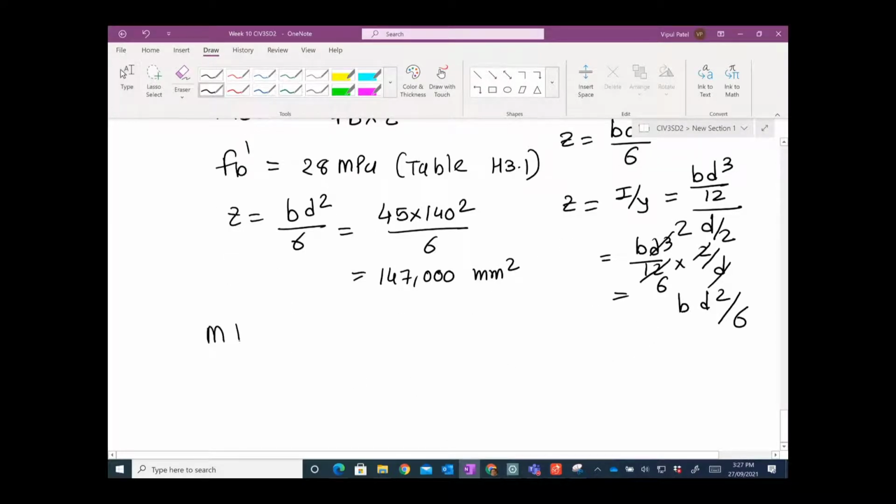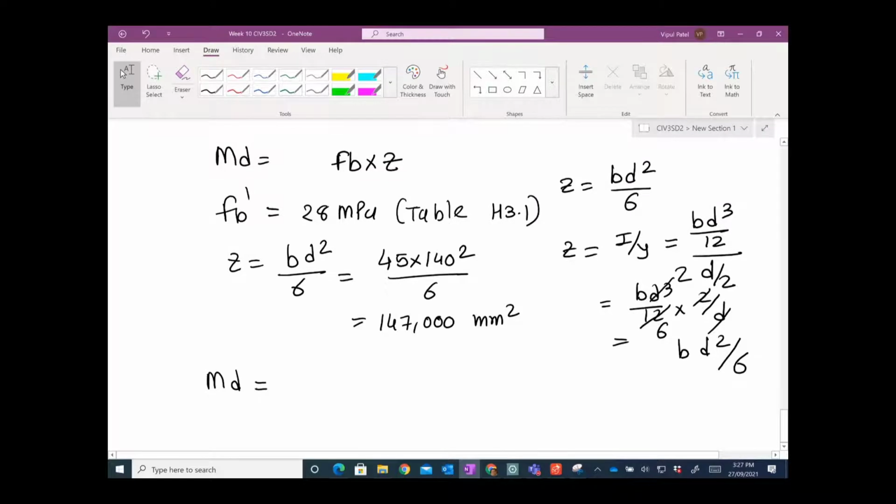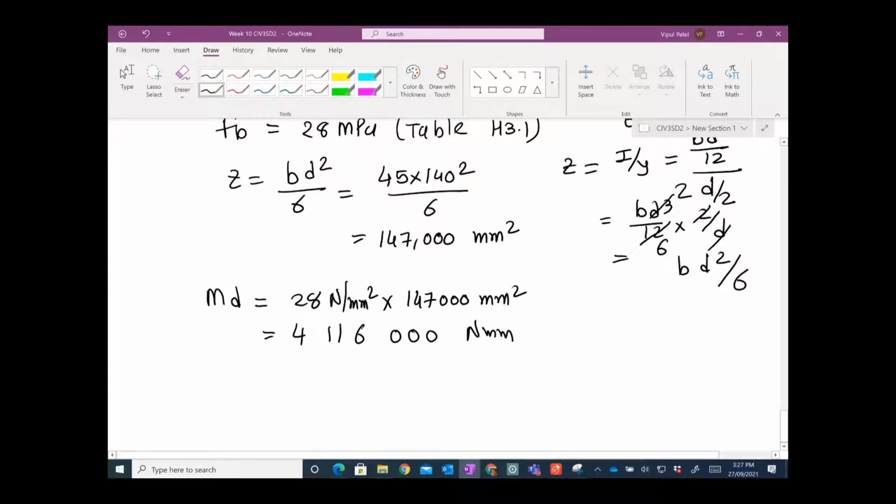So MD equals 28 megapascals times 147000, and by megapascals you can write Newton per millimeter squared. So 28 times 147000 gives 4,116,000 Newton millimeters. Then you divide by 1000 and by 1000 to get 4.11 kilonewton meters.